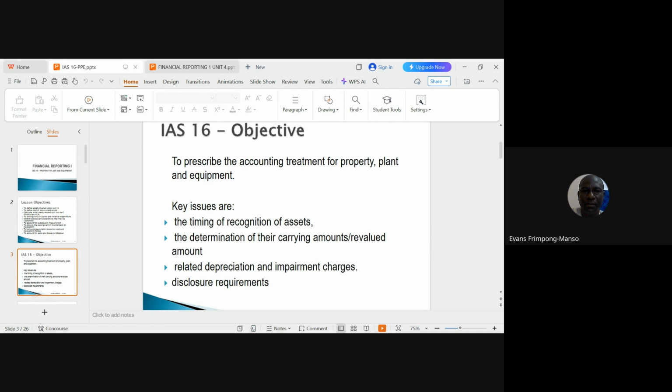And then how do we disclose information on property, plant, and equipment on the financial statements?